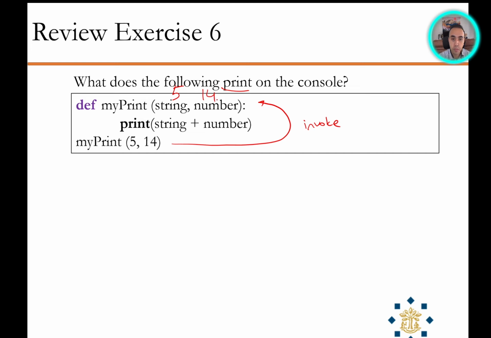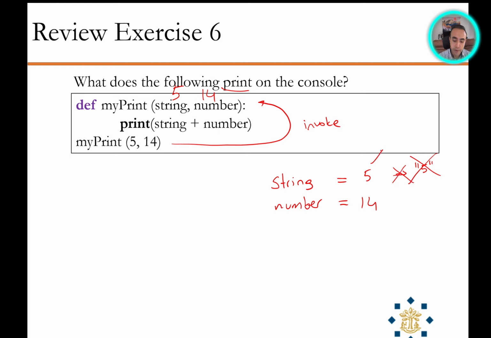So here don't be confused, because string and number are just the names of the variables. So it doesn't make 5 a string. It is not that, okay?